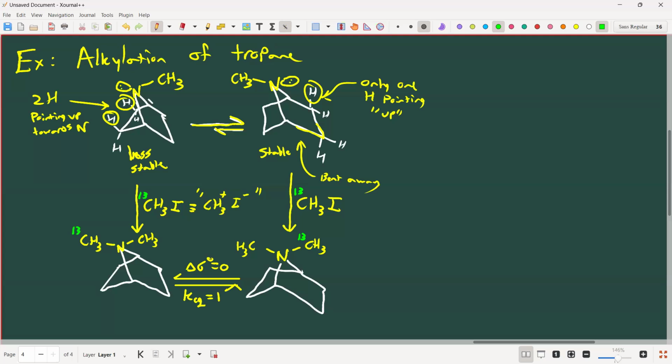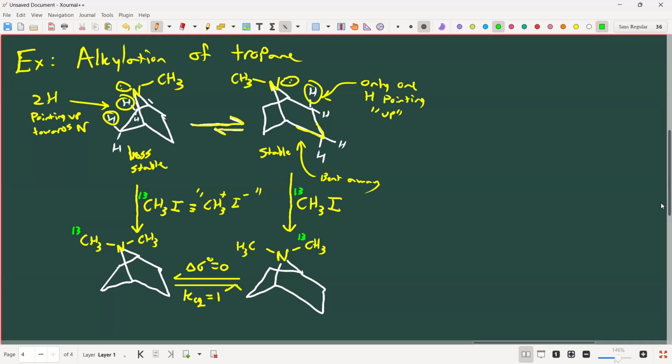All right, well, let's see. Let's just do a very simple approximation. Say we have more of this starting material. These really aren't that much different. We have more of this. They both form the same thing. So maybe this would be what we form the most of, the product that comes from the most stable starting material.